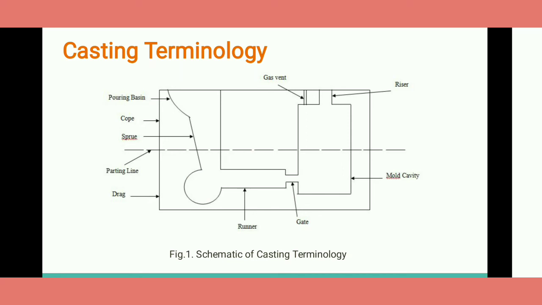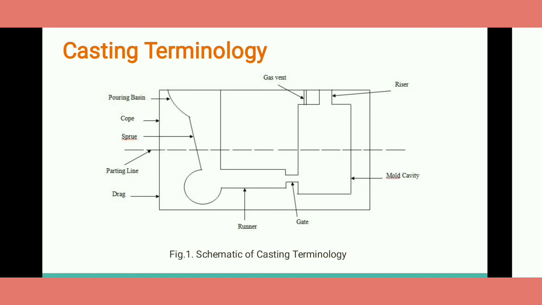If these gases are kept inside, there may be a chance that they will become entrapped in the solid mold cavity. We don't want that, so for the easy removal of these gases, we are using a gas vent. In some books this gas vent is also provided at the gate, and in some books it's also provided at the runner. The purpose of this gas vent is the same wherever we provide it.